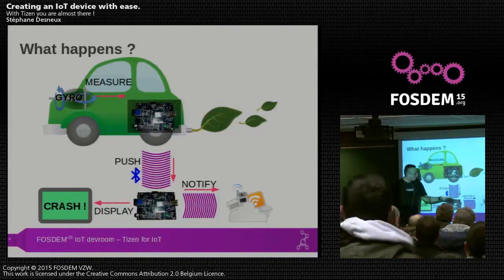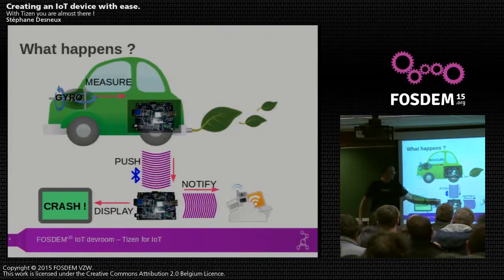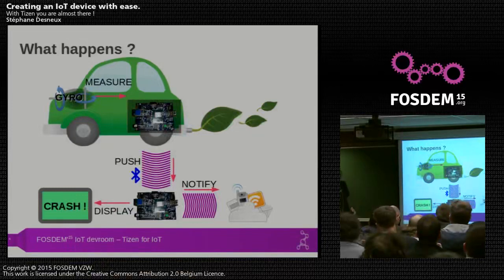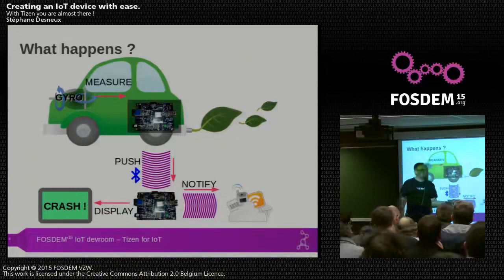Then we forward the events to another board through a Bluetooth connection. This other board will display the behavior of the car, and I also simulated some kind of cloud somewhere, which is in fact on my laptop.